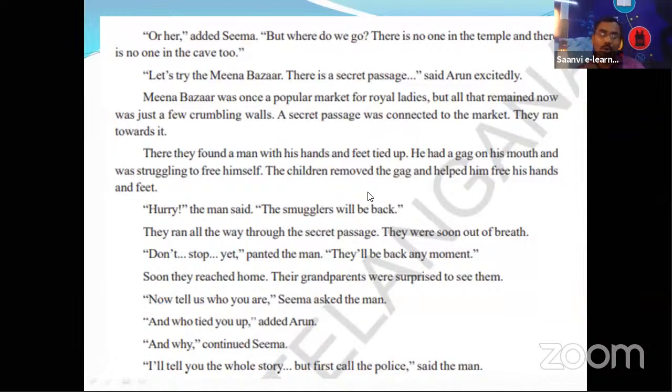Soon they reached home. Finally, Seema, Arun, and the man whom they had saved, they all reached their grandparents' house. Their grandparents were surprised to see them. Now tell us who you are, Seema asked the man.